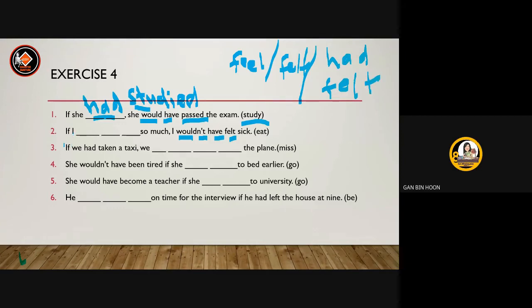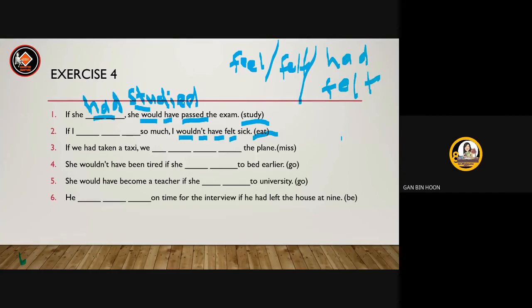What about this one? If I dash dash dash so much, I wouldn't have felt sick. So the word is eat. Okay. What do you think is the answer? Yes? Anybody? So the if clause kena ada guna apa?